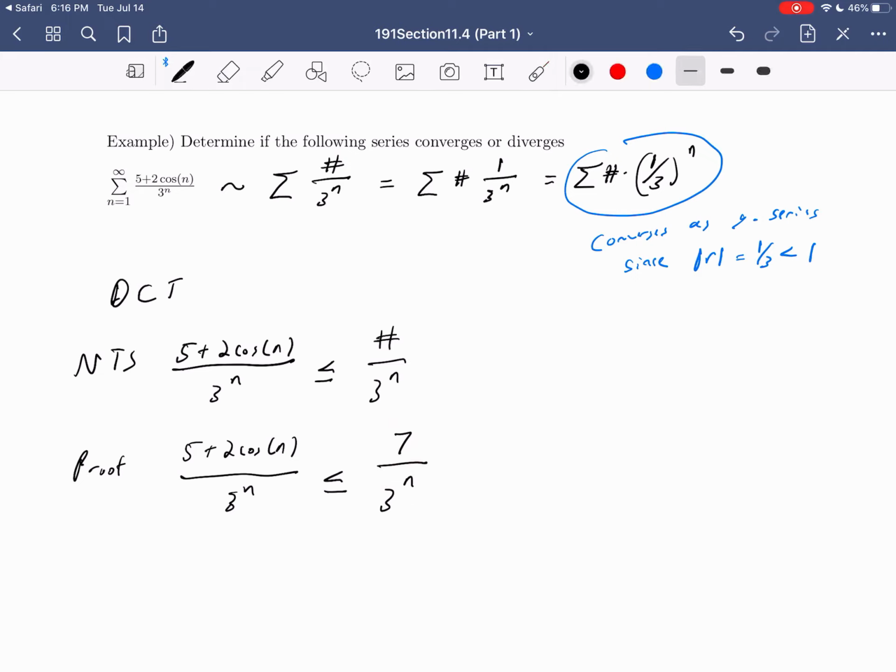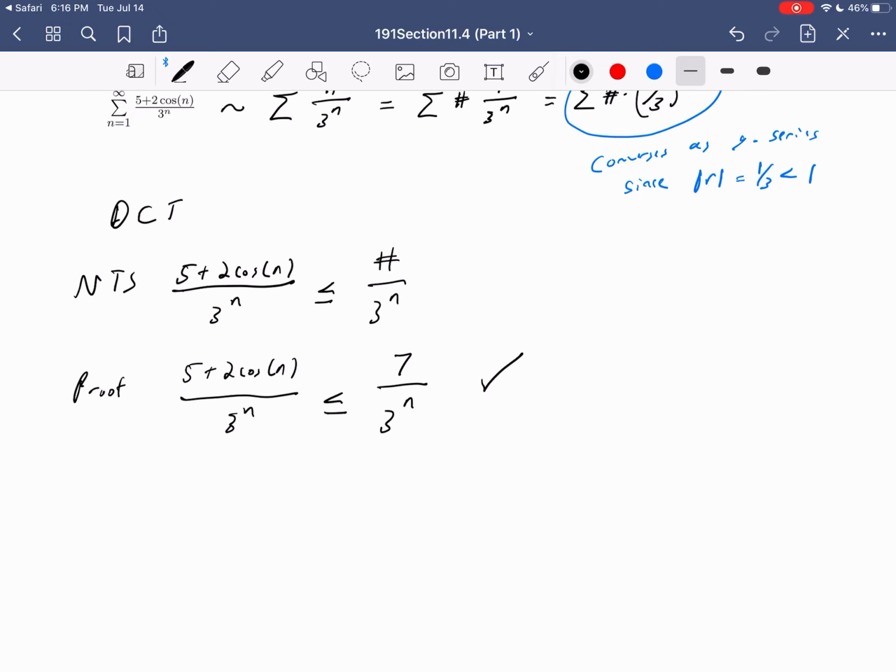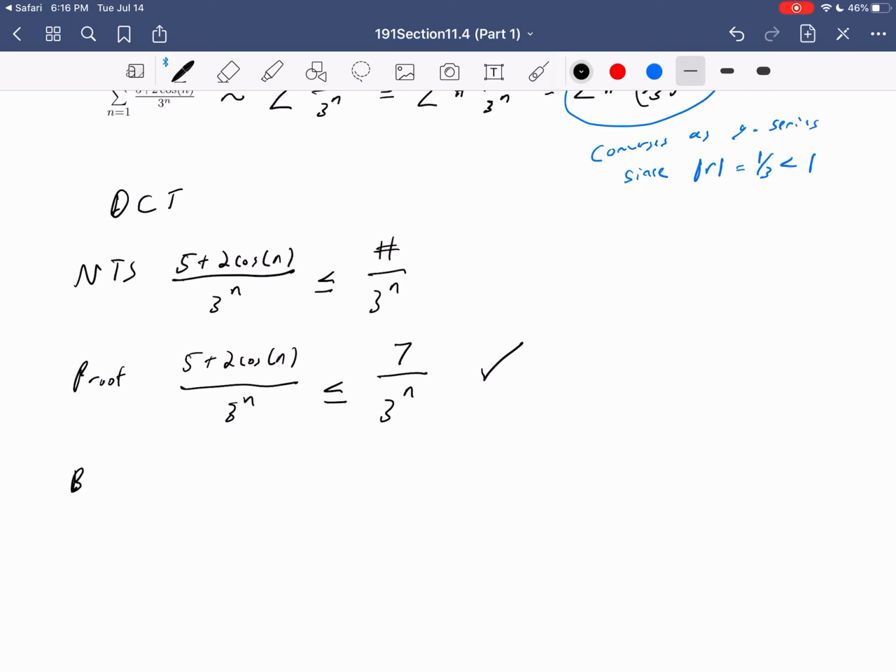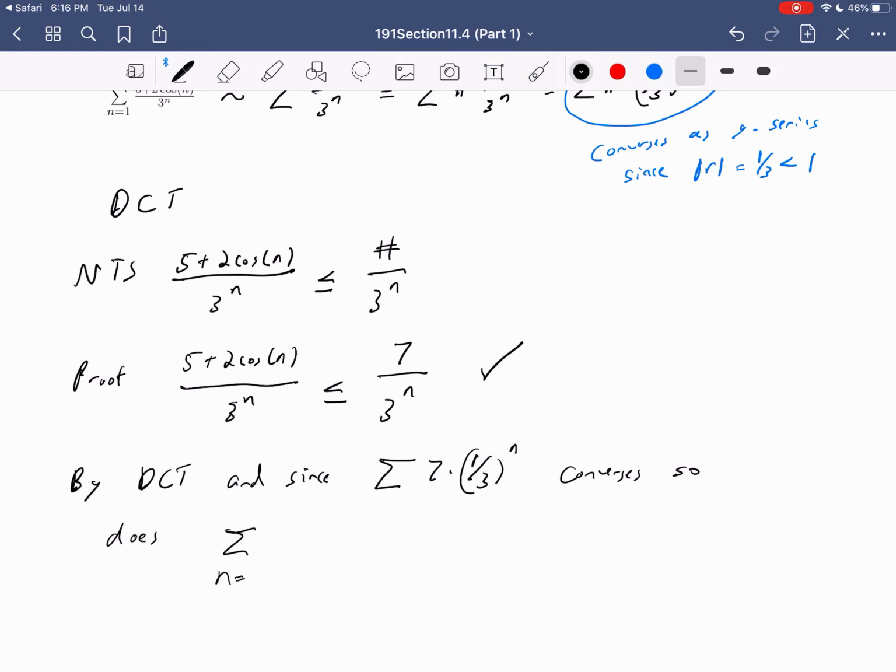So we're all good. That tells us, so by DCT, and since the sum of 7 times 1/3 to the n converges, so does the sum from n equals 1 to infinity, 5 plus 2 cosine n over 3 to the n.